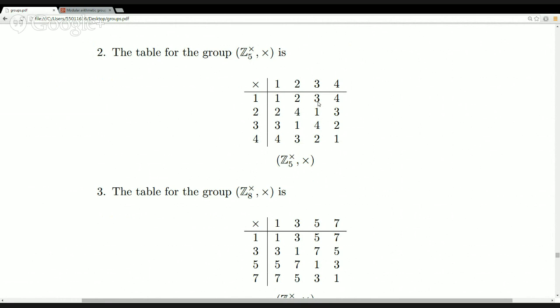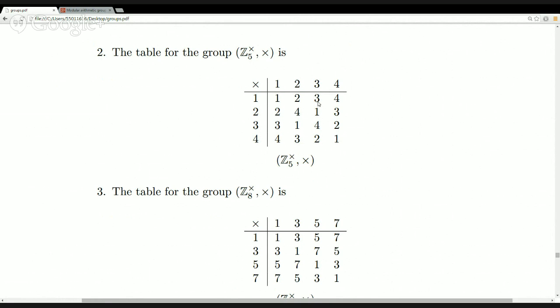Now 2 cubed is 8, but it's not 8, it's 3, because we're talking about multiplication modulo 5. 2 cubed is 8, which is congruent to 3.